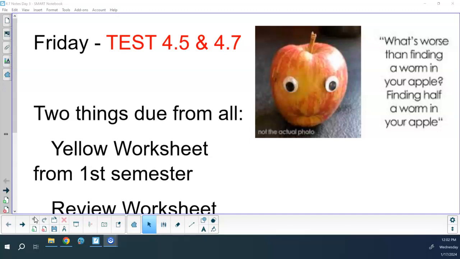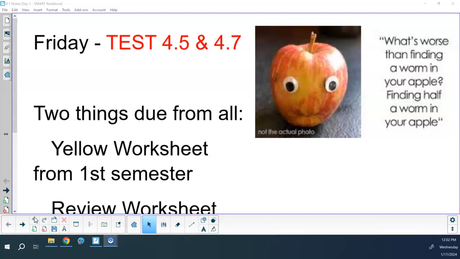And then 4-7 is all of the inverses, plus the stuff we're going to talk about today, which is composition functions.